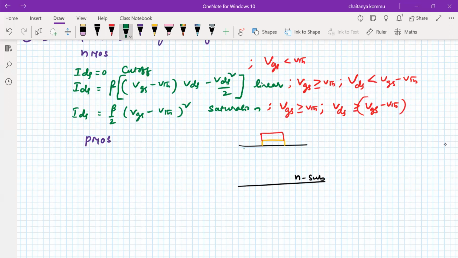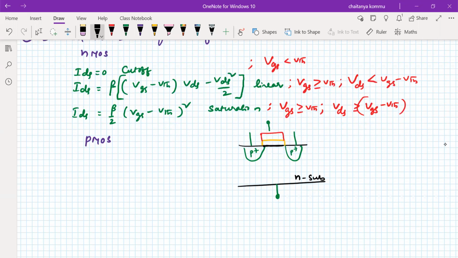The source must be P plus, drain must be P plus. Our requirement is to create an inversion channel near the silicon dioxide, at the surface. That means minority carriers of the substrate must be attracted towards the gate, under the gate oxide.